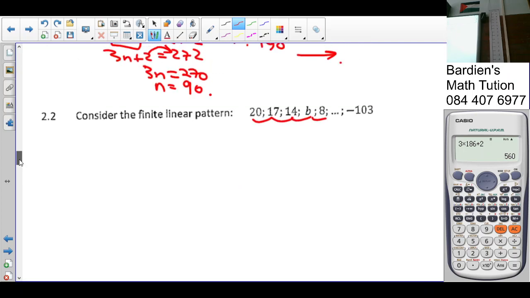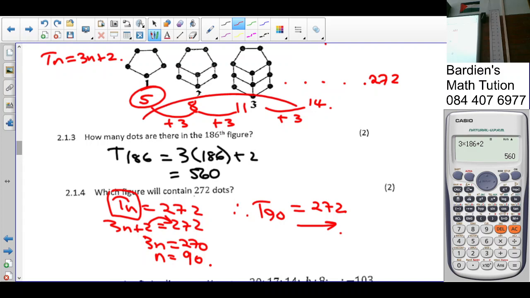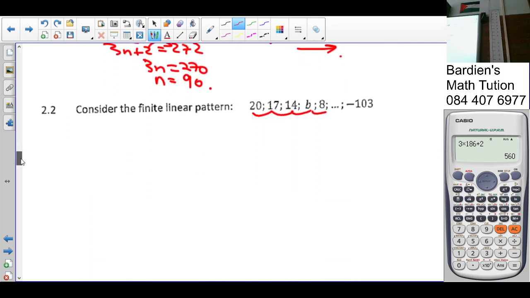Like here, we added 3 all the time. So this is linear. If I had subtracted 5 all the time, it would have also been linear. However, if I had multiplied by a number all the time, it would have been geometric. You understand? So you get arithmetic, which we spoke about, and geometric. Arithmetic is linear. Make sense?